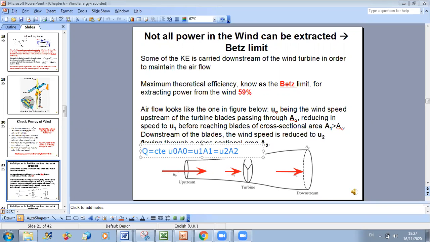And we will demonstrate together that in order to not lose a lot of energy, we need to reduce U2. To reduce U2, we can increase the exit cross-sectional area. Now, what will happen when air flows through the blades of the turbine?